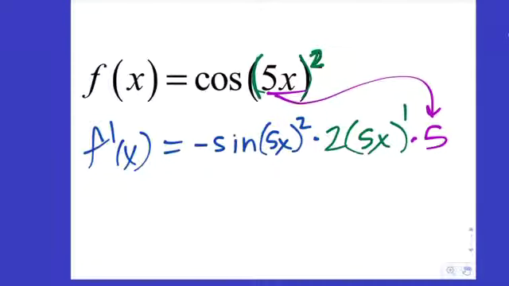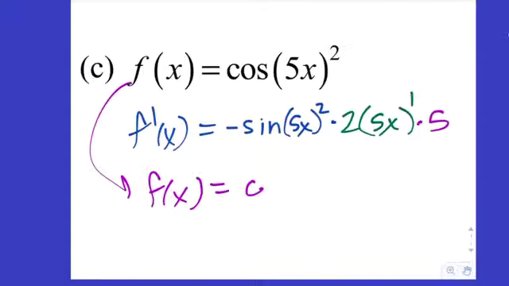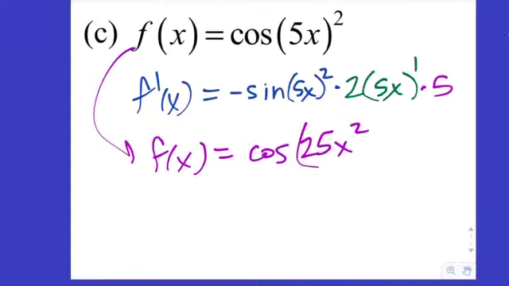So if you do it like that, you'll have 3 links in your chain. That's correct, but I don't think that's the way I would recommend you do it. I would recommend you do it like this. Simplify first. What is cosine of 5x quantity squared? 25x squared. Now, you only have 2 layers instead of 3. Less likely to make a careless mistake.